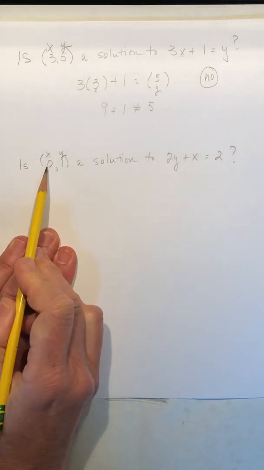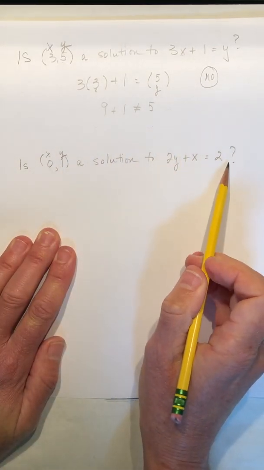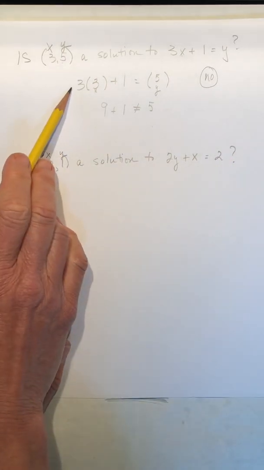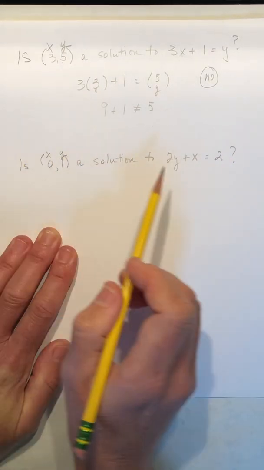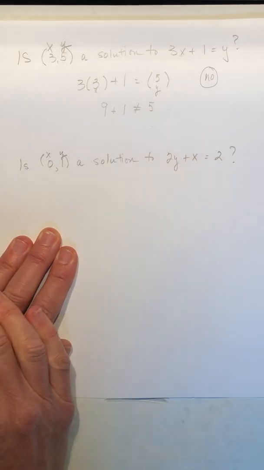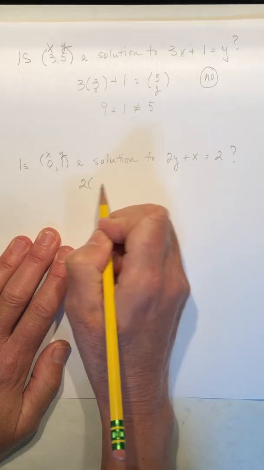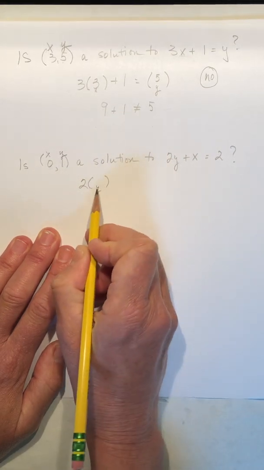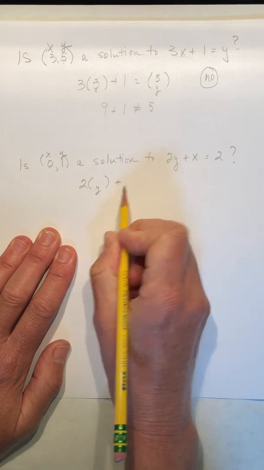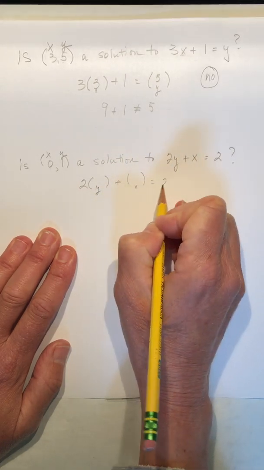So if x equals 0 and y equals 1, is this true? So again, just like up here on the other samples that we've done, you're going to copy the equation and leave a space for your variables. So instead of 2y, I'm writing 2 times, and that's where my y will go, plus, just going to leave a space for my x, equals 2.